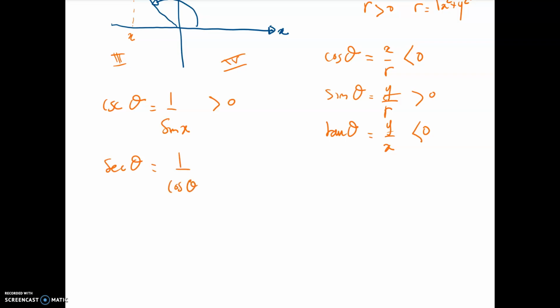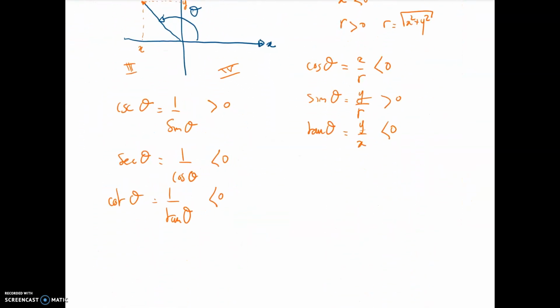Cosinus theta is negative, so the sec of theta will be negative. Finally, the cotangent of the angle, which is 1 over tangent of the angle, will be negative because tangent is negative.